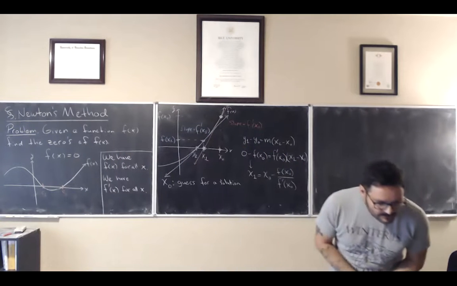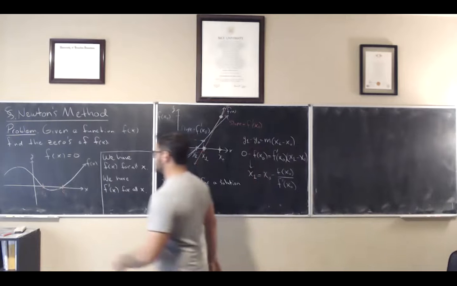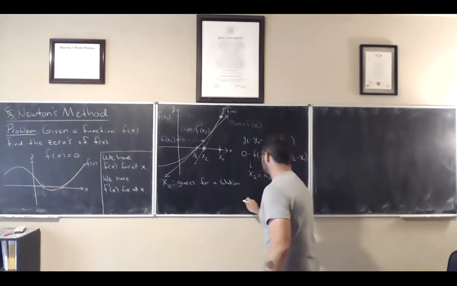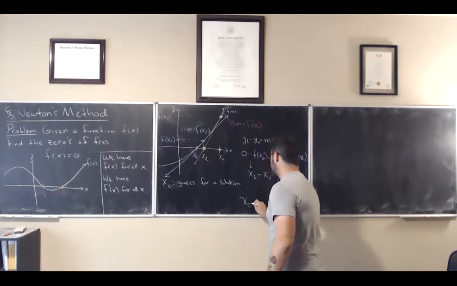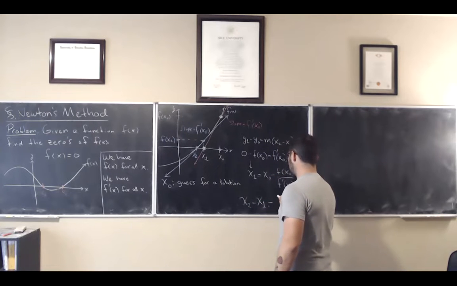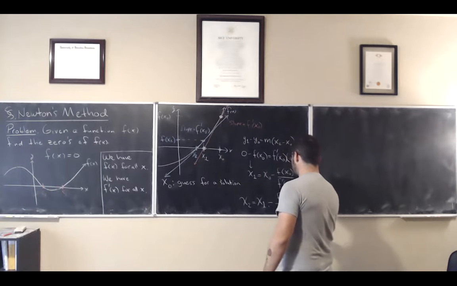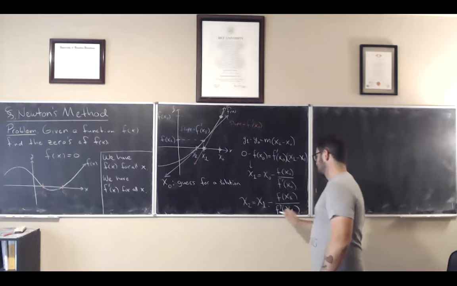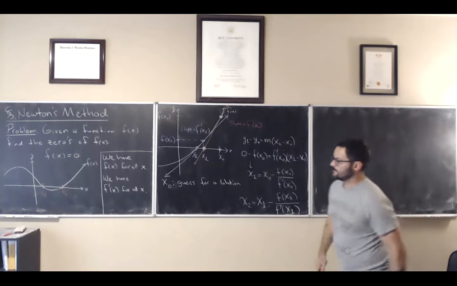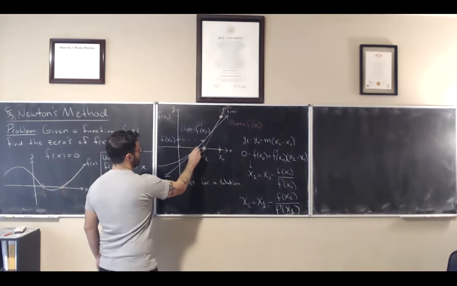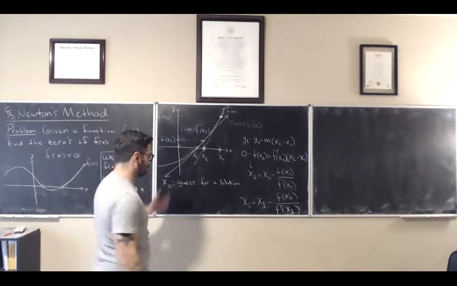Yes, sir. So how do we find that x2? Well, it's the same thing that we did here over again. So x2 is equal to the previous guess, which is x1, minus f at x1 divided by f prime at x1. And then we could do the same thing again. We could keep on going.